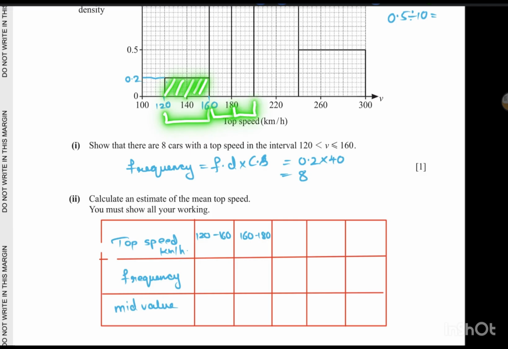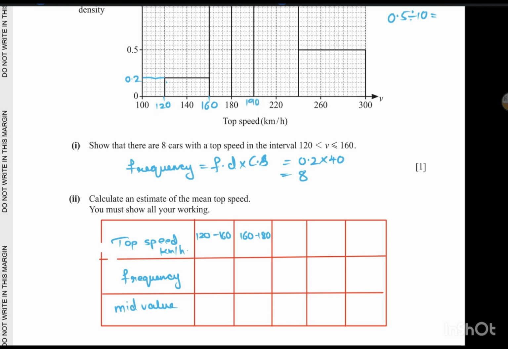What is that? We have to check. So here each box, there are 5 boxes dividing 20 numbers going ahead. So 20 divided by 5 will be 4. Each box represents 4. So 184, 188, 192, 196, 200.